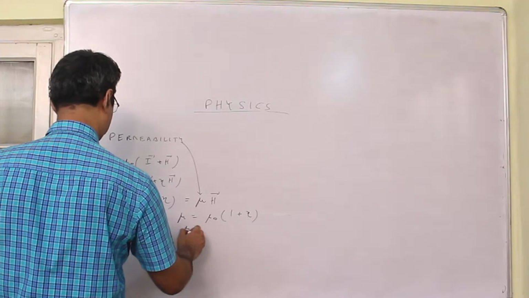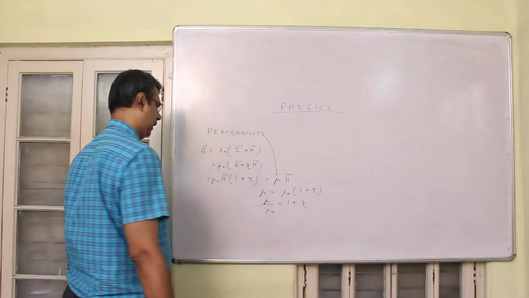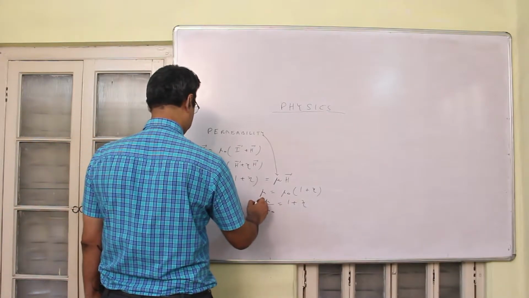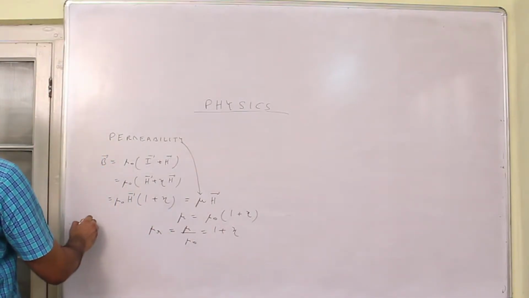If you divide both sides by mu naught, you will get mu by mu naught is 1 plus chi, and this is known as relative permeability.